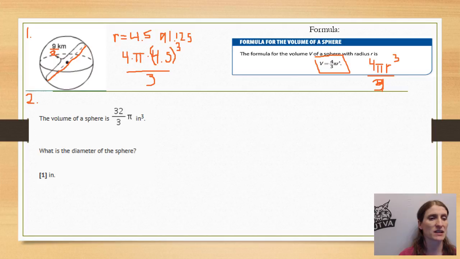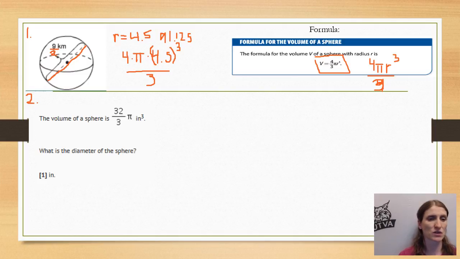And then I'm going to times it by 4 first. So times 4. And that's 364.5. So before I actually multiply by pi, I'm going to go ahead and divide that by 3.